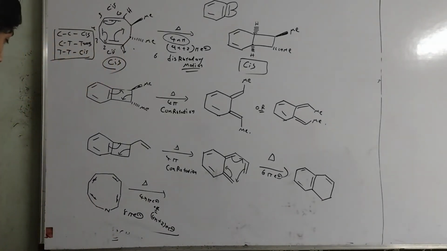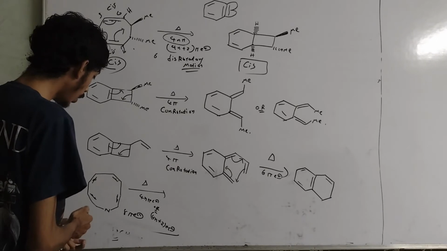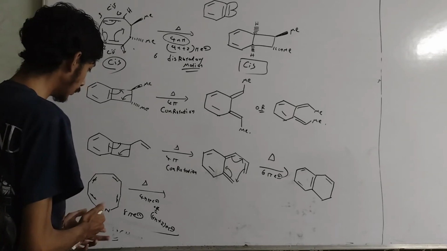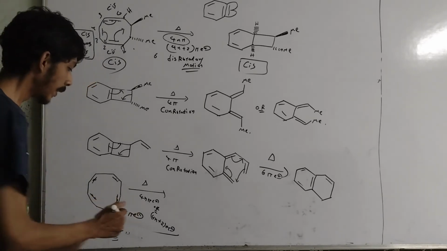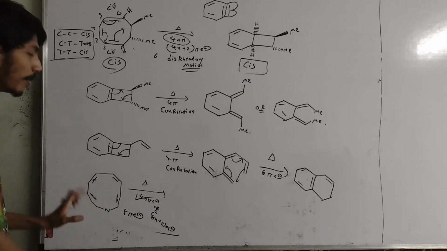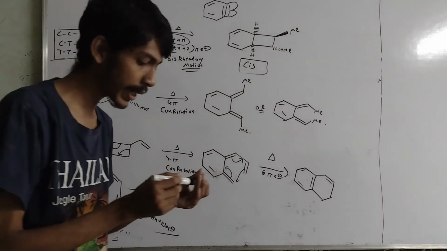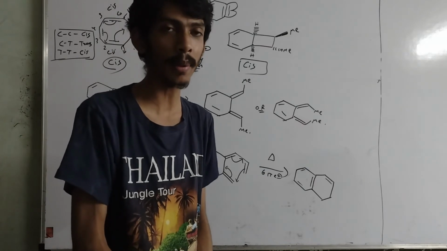And here the reaction occurs through the 4n pi electron system, because the 8-member ring is a sterically very flexible system as compared to the 6-member ring.